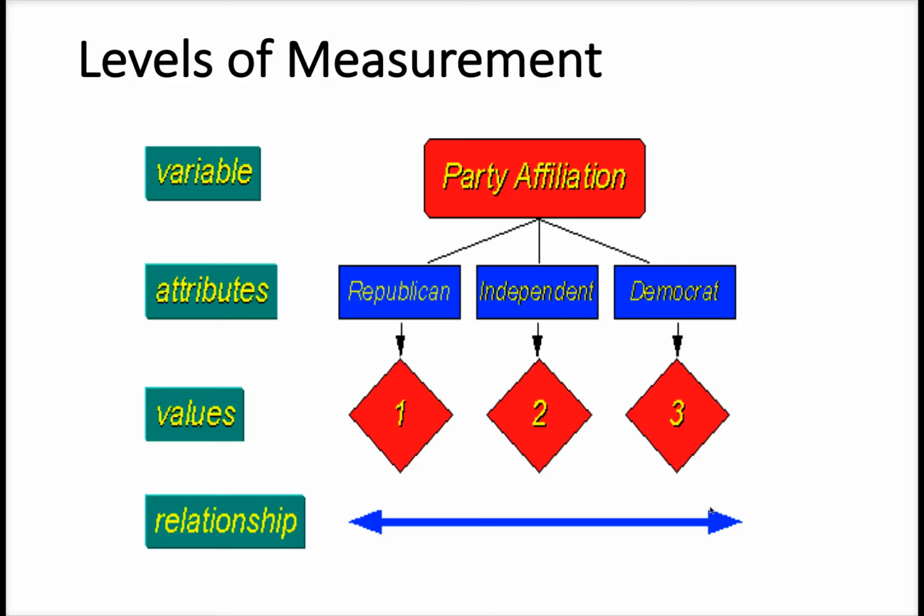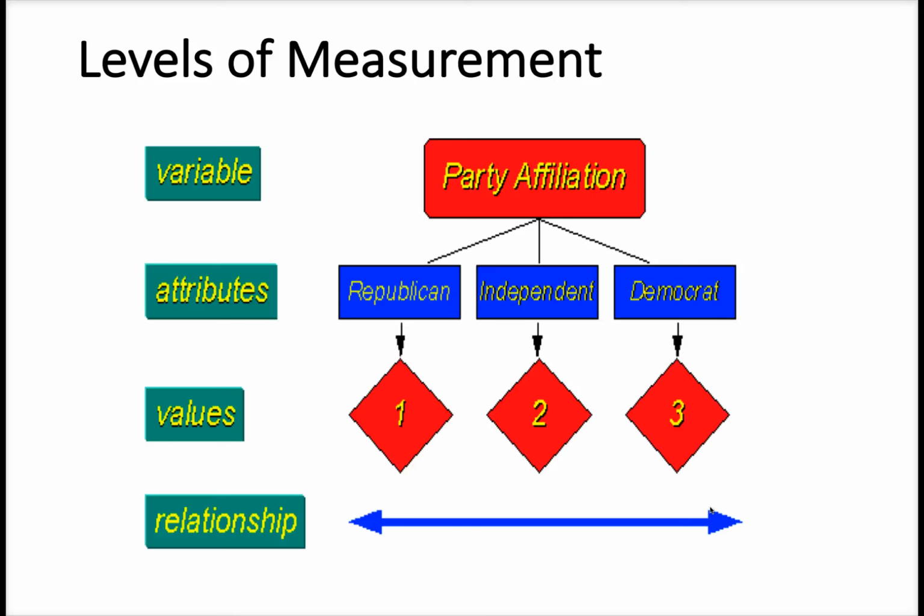Some of the research that I've done on measurement, we look at the variable itself, we look at the attributes of a variable, we look at the values that are assigned to a variable, and we can test the relationship of the variables. So these are ways of talking about measures.